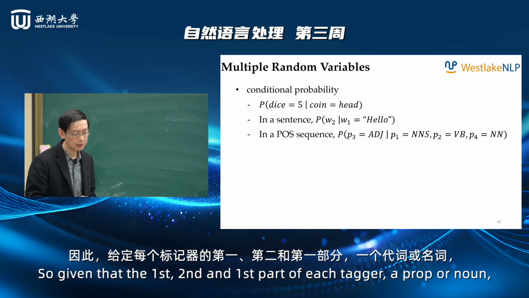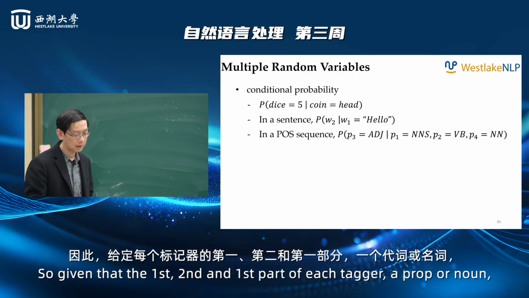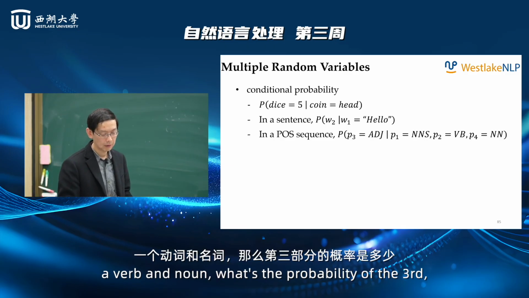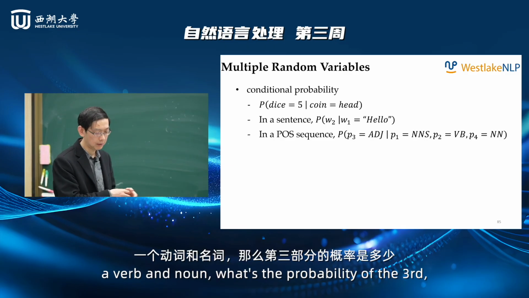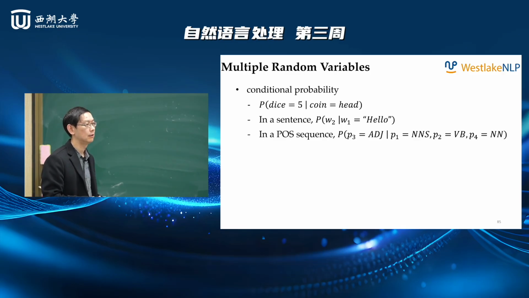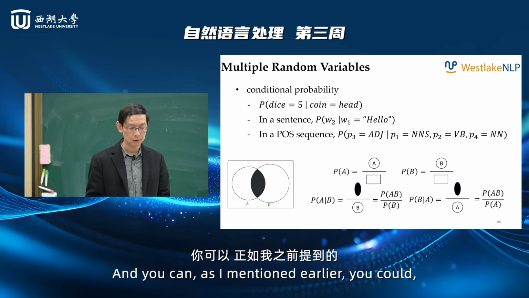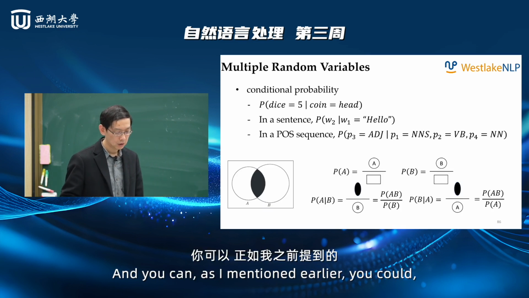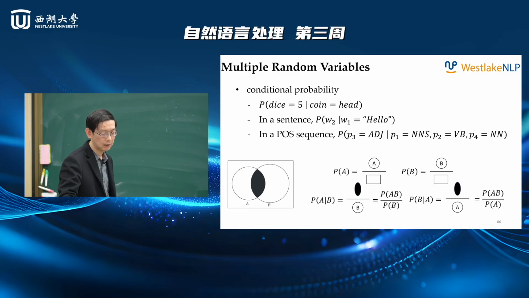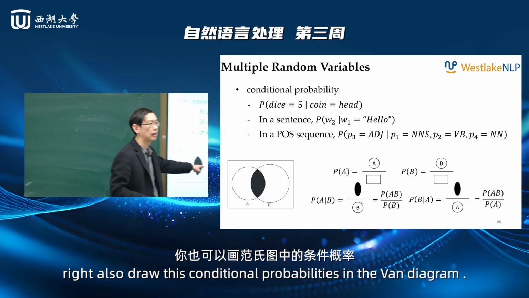Given that the first, second, and fourth part of speech tags are a plural noun, a verb, and a noun, what's the probability of the third part of speech being an adverb? These are conditional probabilities. And as I mentioned earlier, you can also draw these conditional probabilities in the Venn diagram.